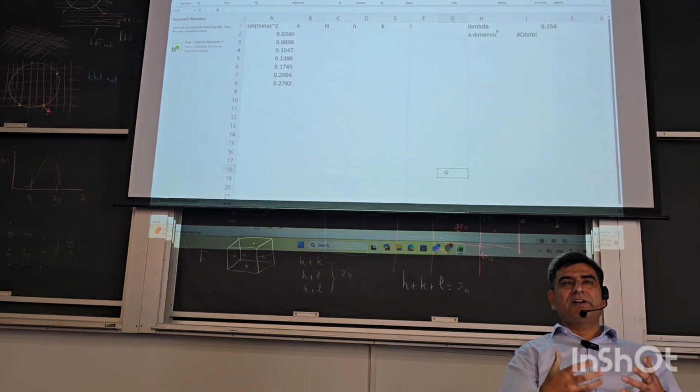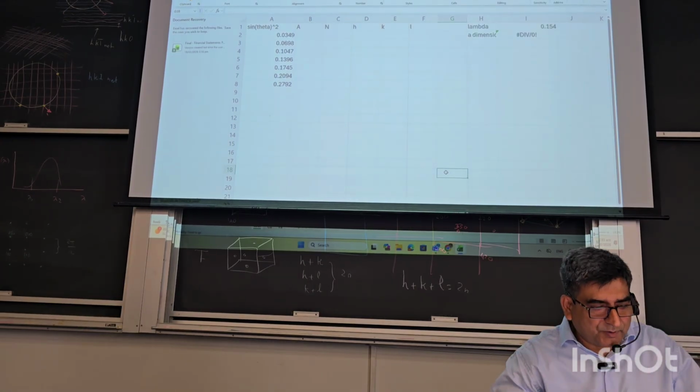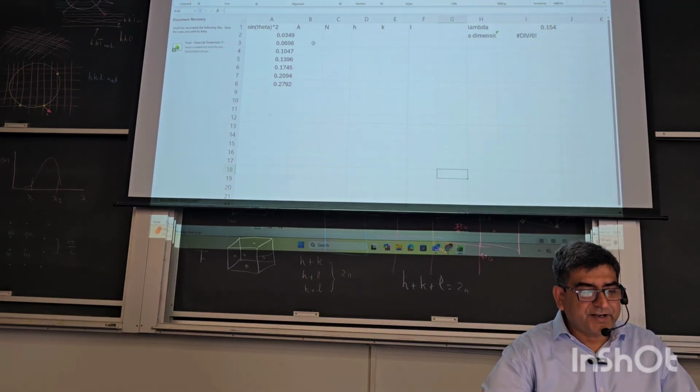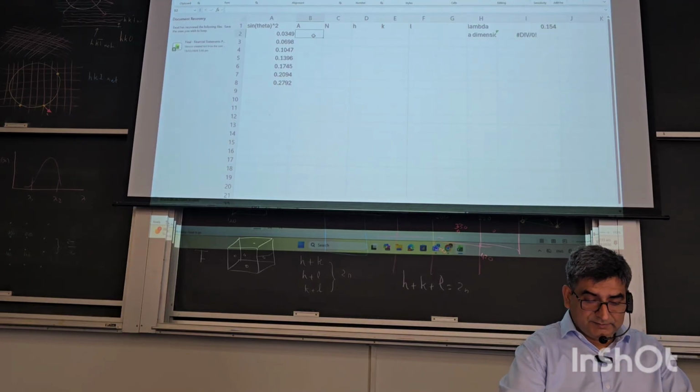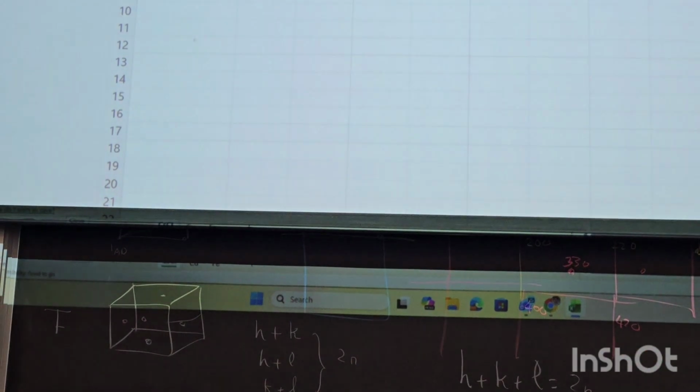So I try out different integers. Suppose my n equals 1. So if I divide the first sine square theta by 1, I get this.